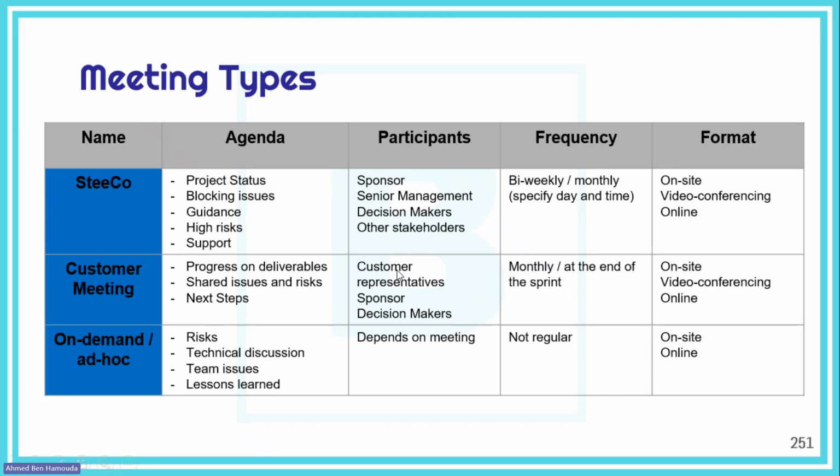In a customer meeting, we share almost the same type of information, but we share something that the customer can see, because in the internal status meeting we tend to discuss some internal matters, especially when we talk about blocking issues. There are some things that we don't want to share with the customer. We keep them internal. That's why we tend to have a different meeting with the customer.